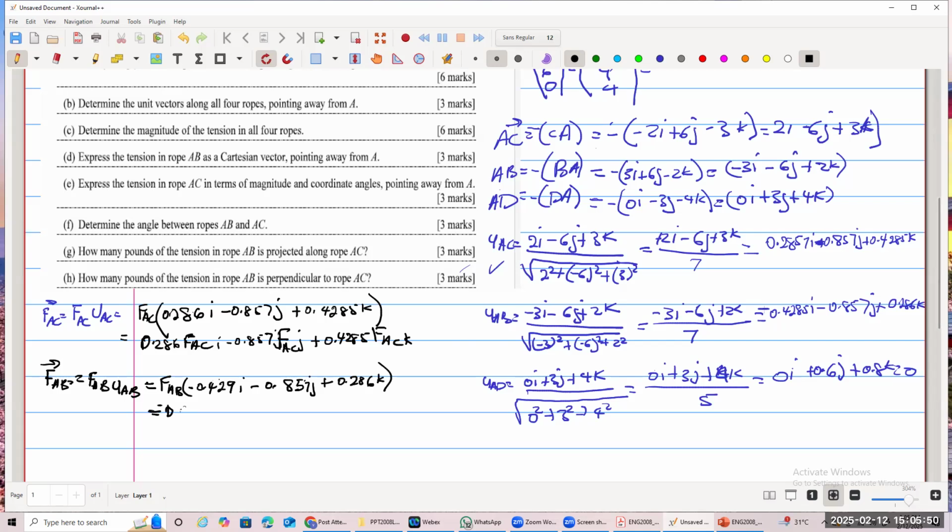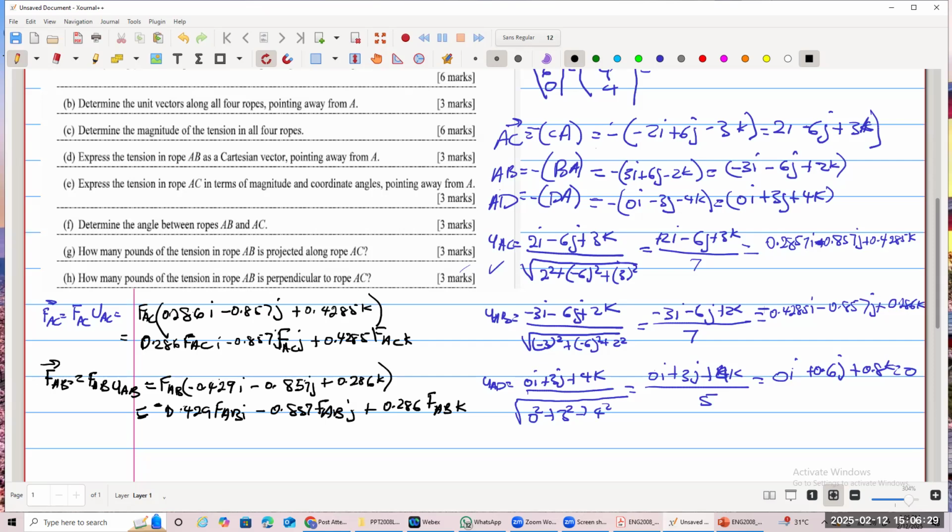Minus 0.429 FAB I, minus 0.857 FAB J, plus 0.286 times the force AB, and this is K. We have all the minuses, so this is minus. Right, we want to make sure that we don't mix it up with the equal sign.